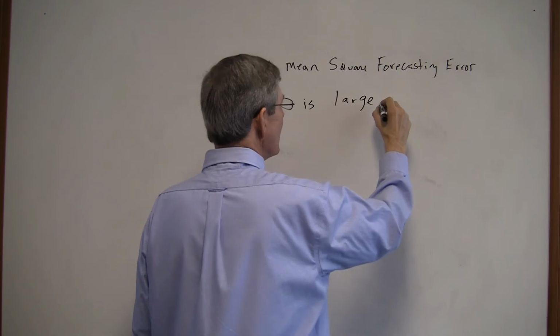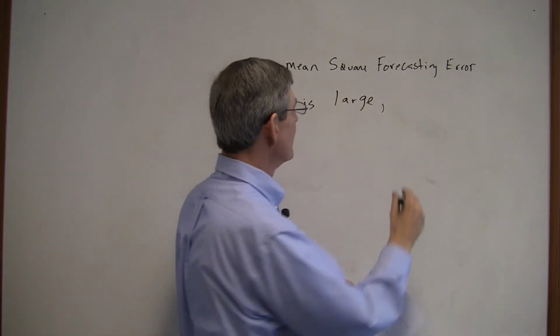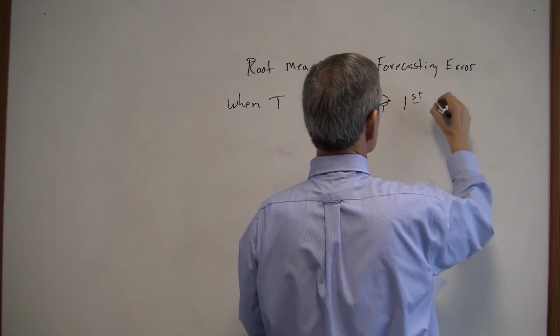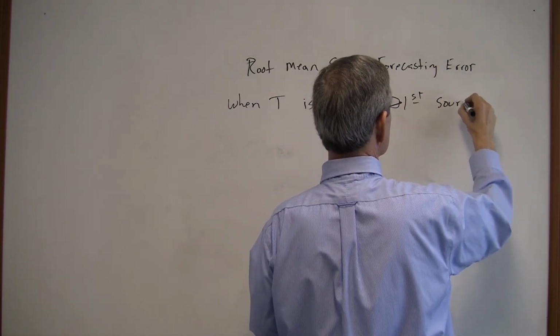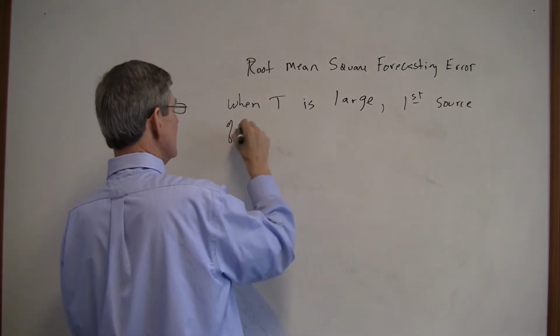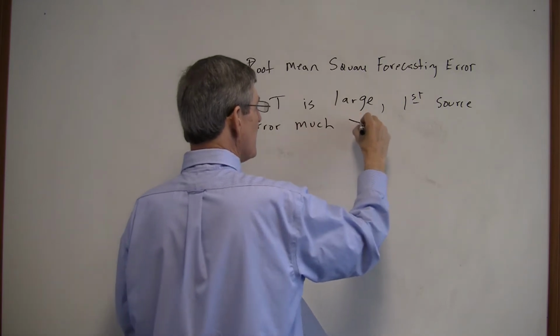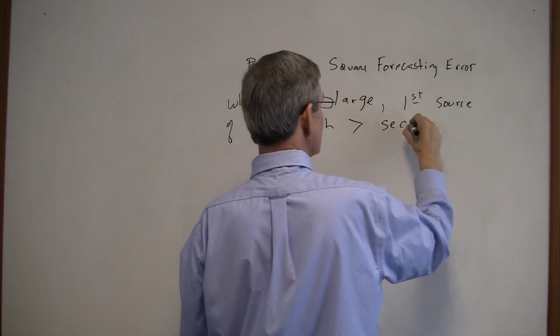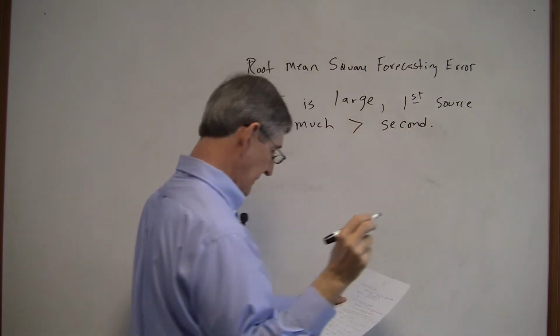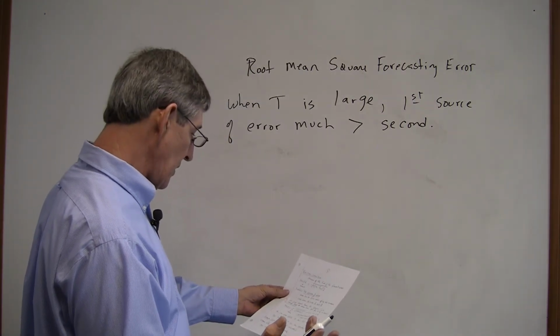But when t is large, the first source of error is much greater than the second. So you can just sort of ignore the second one.